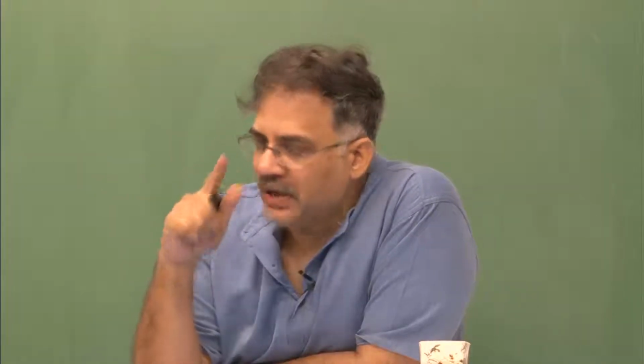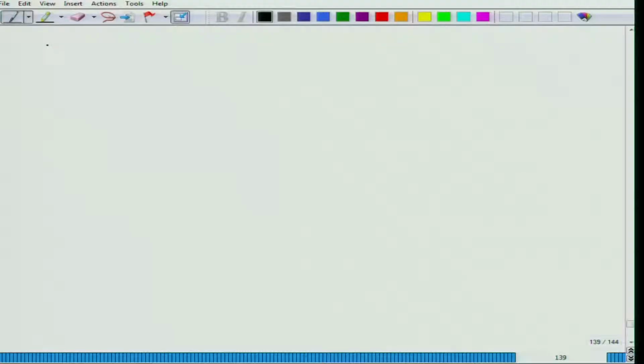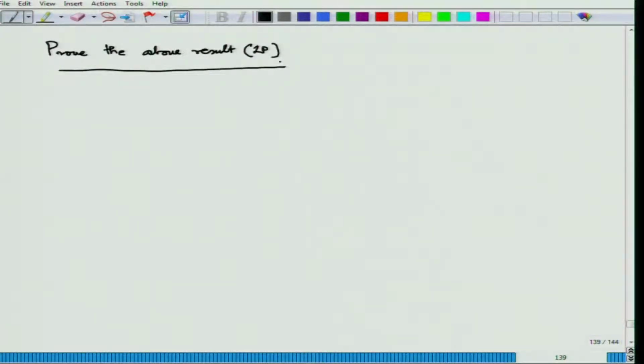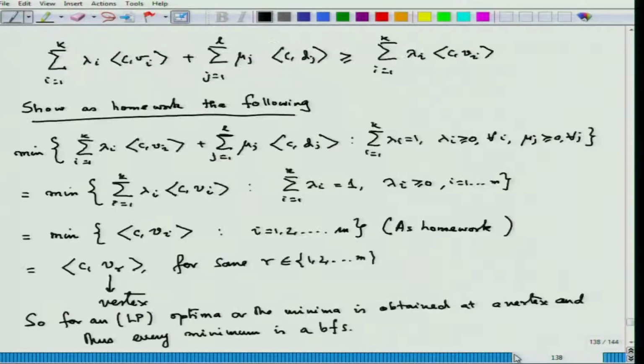Can you prove the above result for LP, for the standard form? Here the setting of C would change, but it is the same thing. Homework: small modifications are needed, which you should try to carry out because it will be fun.